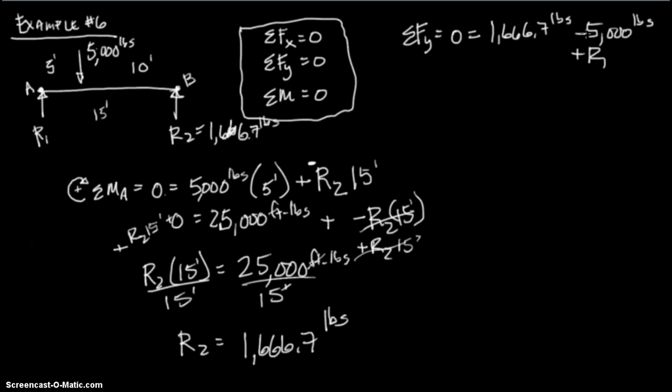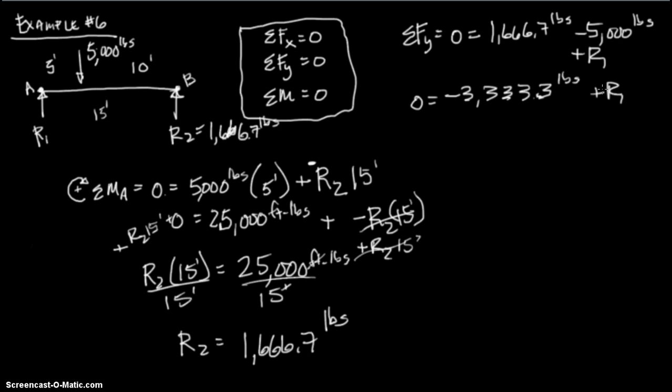Let's add these together, and you should get 0 equals negative 5,000 plus 1,666.7, which is negative 3,333.3 pounds, plus R1.